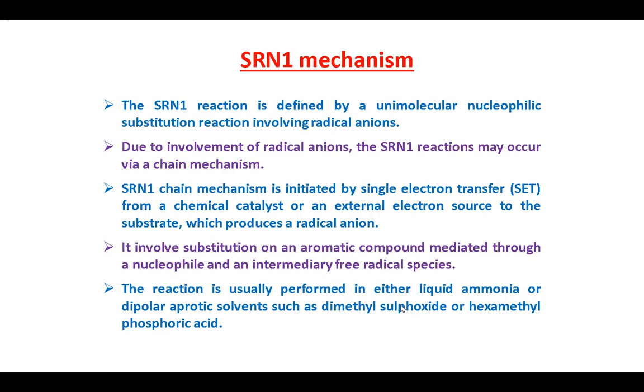Interestingly, involvement of radicals allows a chain mechanism for SRN1 reactions. A chain mechanism is a self-sustaining reaction, where the reaction continues by the formation of reactive intermediates that recycle. During product formation, these intermediates then react to continue additional processes, keeping the continuity of reaction.